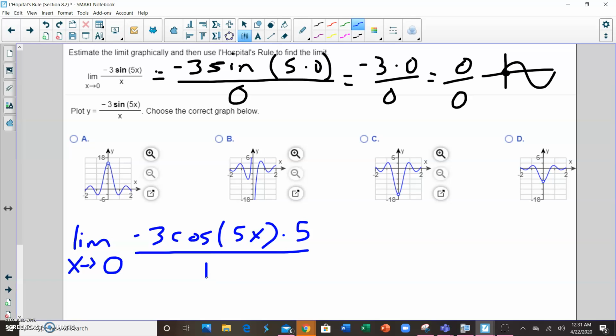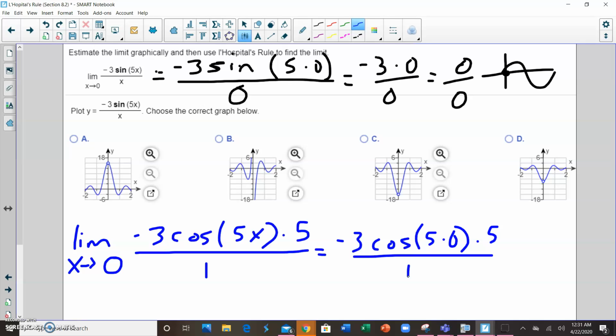Okay, so now we can plug the 0 in. So we're going to get negative 3 times the cosine of 5 times 0, the whole thing times 5 divided by 1. All right, so 5 times 0 is 0. So what is the cosine of 0?